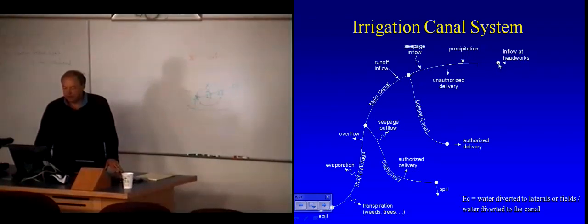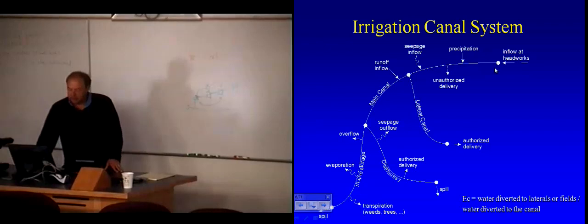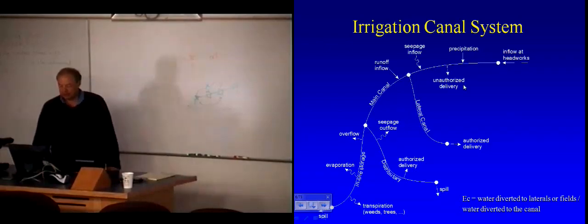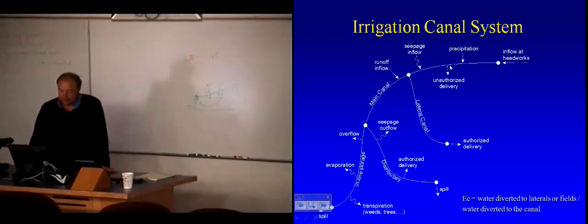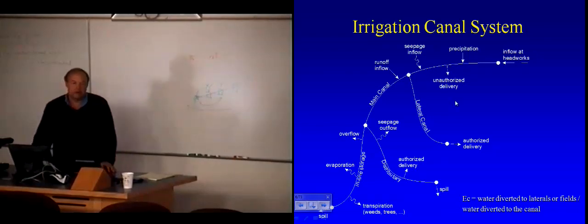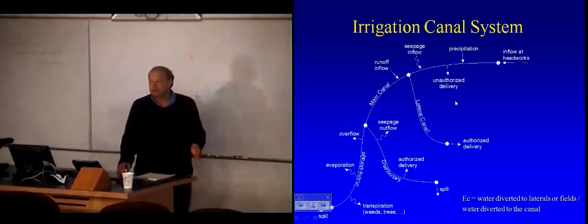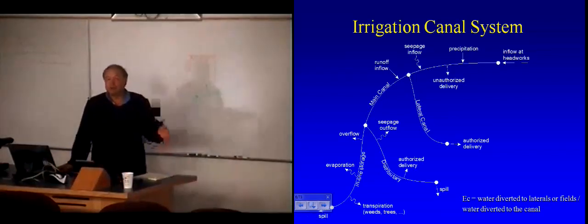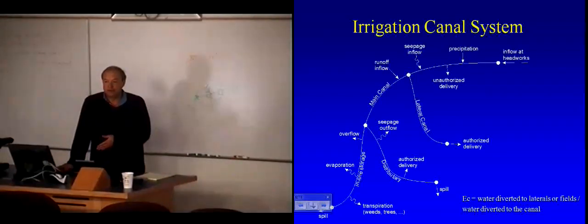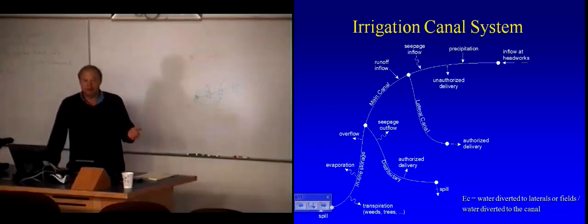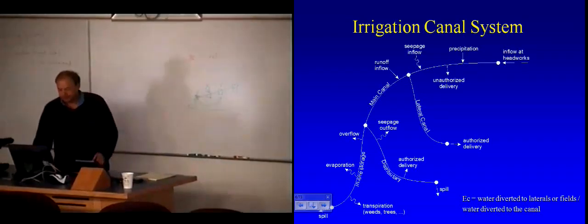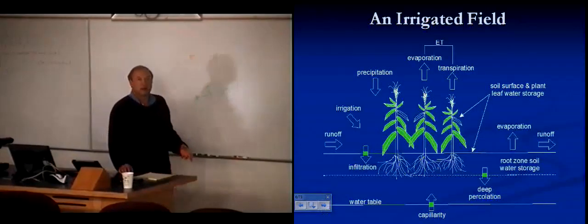So what we call application efficiency of a typical field or irrigation means that it ends up in the root zone divided by the total amount of water applied. Okay? The difference is the stuff that's running off and the stuff that's deep percolating, and some of it evaporating from the soil surface.